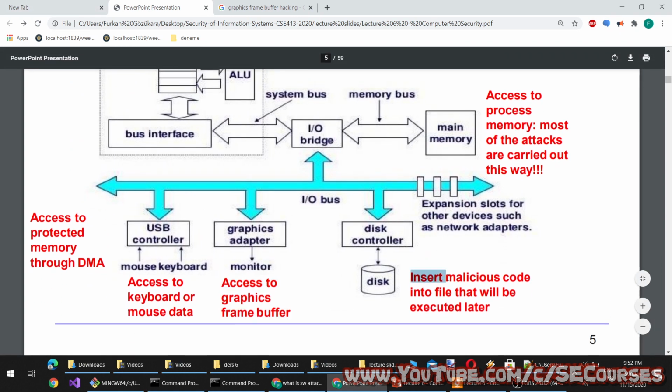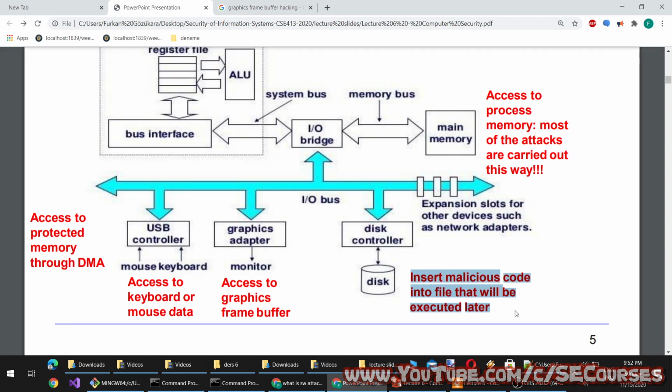And there is insert malicious code into the file that will be executed later. This is also one of the most common ones, because when you download a file from torrent sites or from file sharing sites, they may insert a hidden, malicious code into those exe files or data files that will be read by that exe, and therefore it is extremely dangerous to download files from, let's say, unofficial sources.